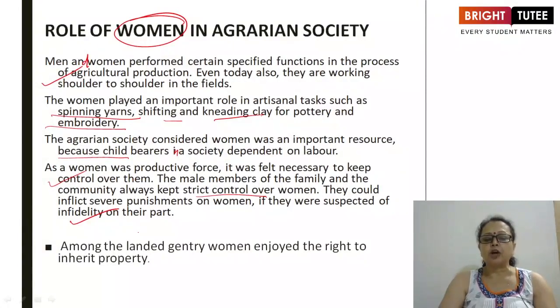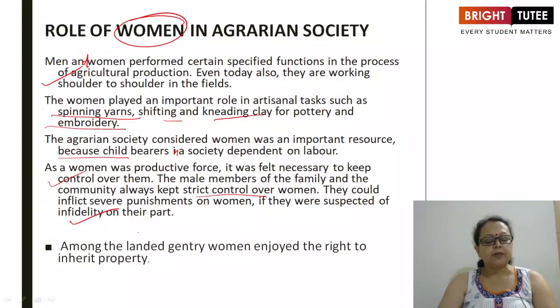In some documents discovered from Gujarat and Rajasthan, there are records of petitions sent by women to village panchayats seeking redress and justice. In the petitions, women protested against the infidelity of their husbands and the neglect of the children.